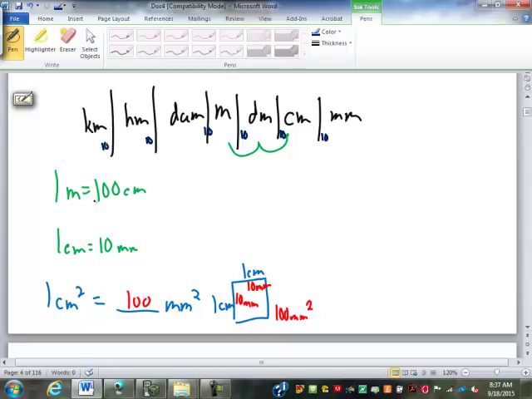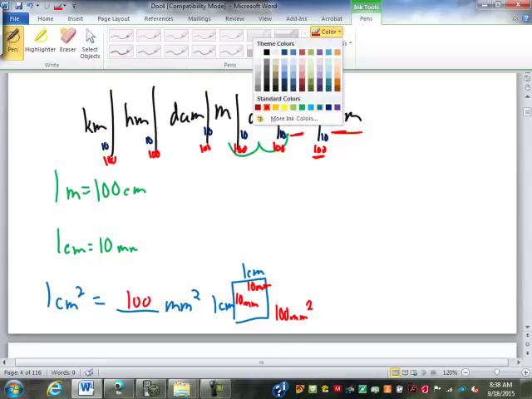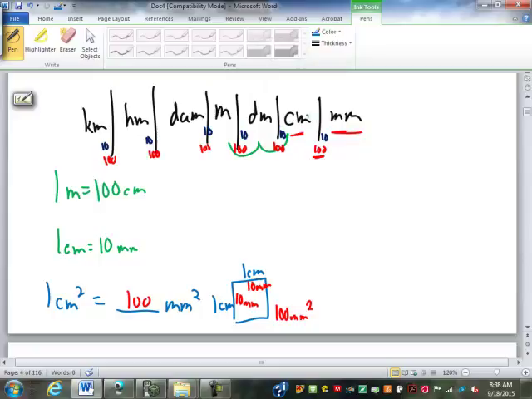Well, when it's areas, I'm going to be multiplying or dividing by 10 squared, or 100 each time I move a spot on the chart. 1 centimeter contains 10 millimeters. 1 square centimeter contains 100 square millimeters. So my conversions when I'm dealing with metric still use the chart, but if it's areas, each position on the chart is now multiplying or dividing by 100, or how many decimal places? 2.